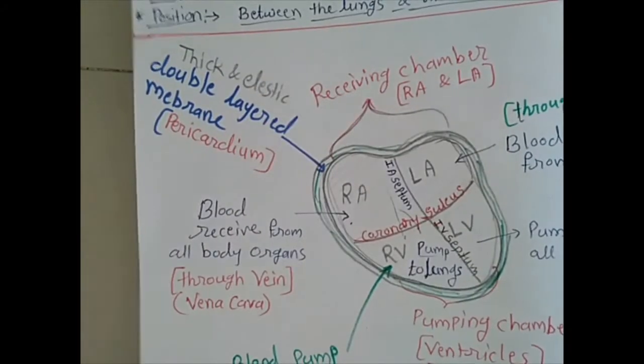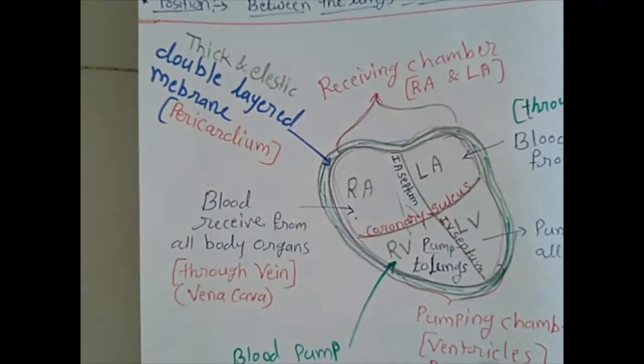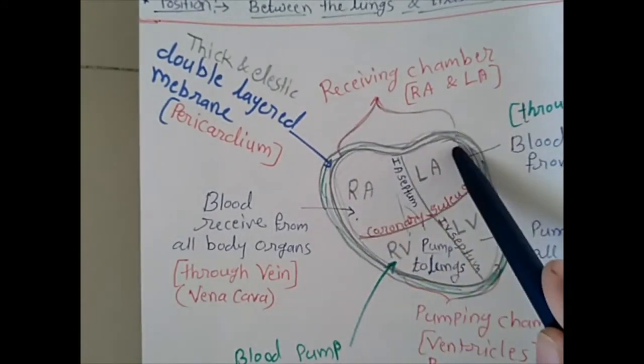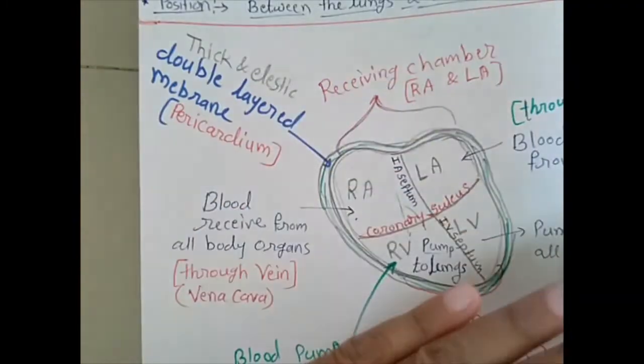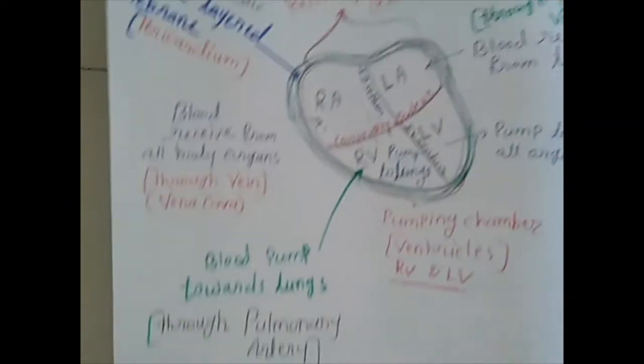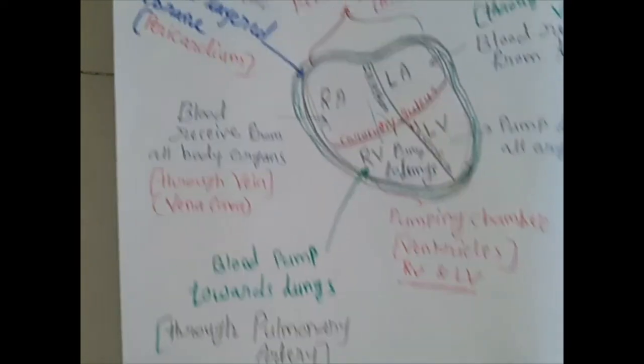In the structure of the heart, two chambers are the receiving chambers and two chambers are the pumping chambers, upper side and lower side. The receiving chambers are called auricles and the pumping chambers are called ventricles.